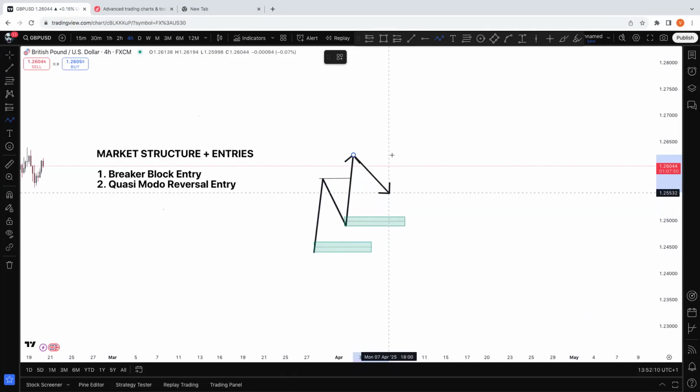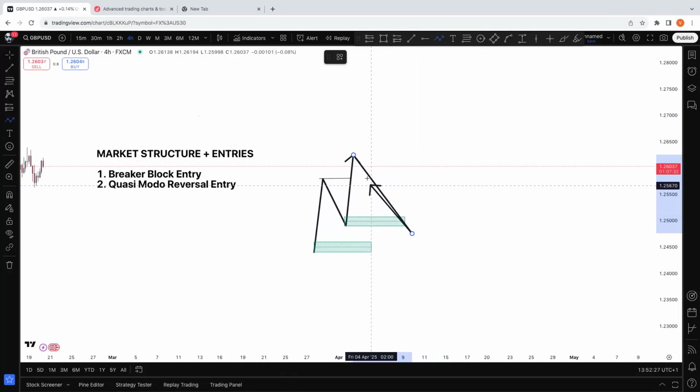Now, in a situation where price moves this way, instead of reacting to this order block and moving to the upside, price then decides to break this order block, right? Now, in this scenario, price might not go all the way up to test any of these zones, depending on the momentum that price used in breaking this zone.